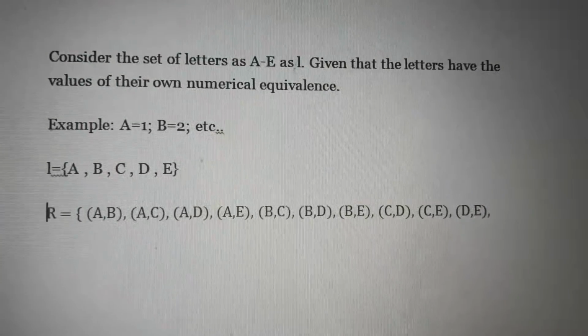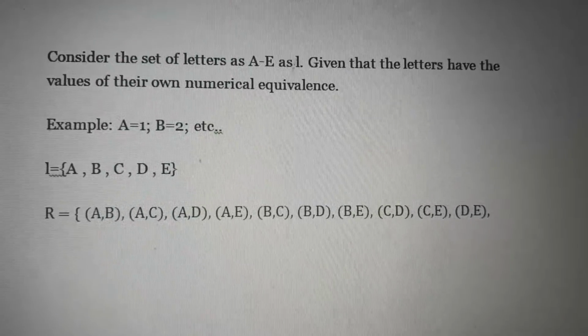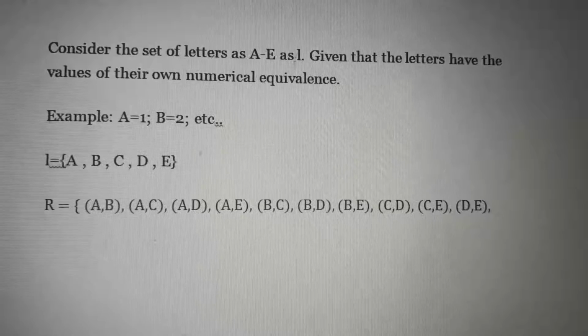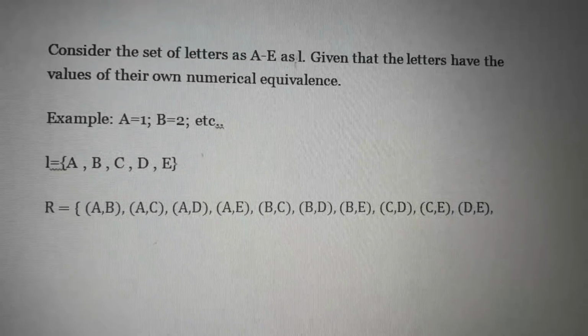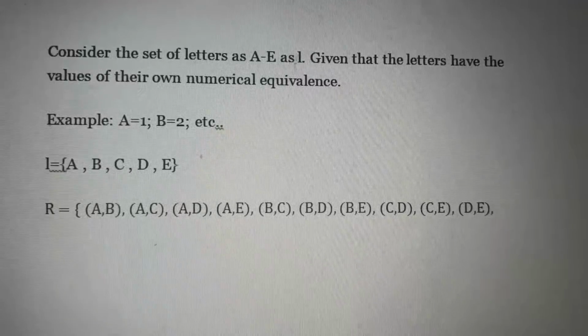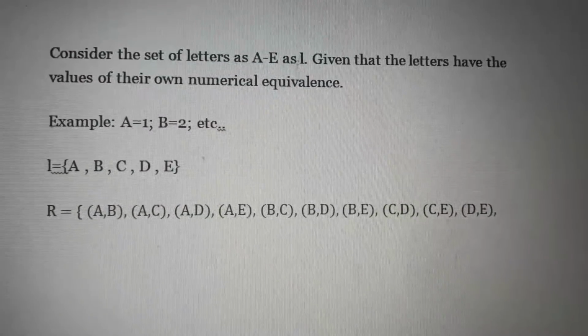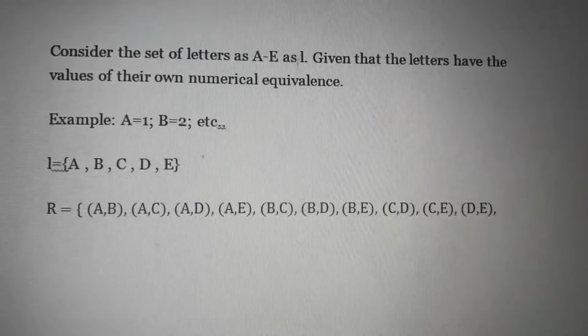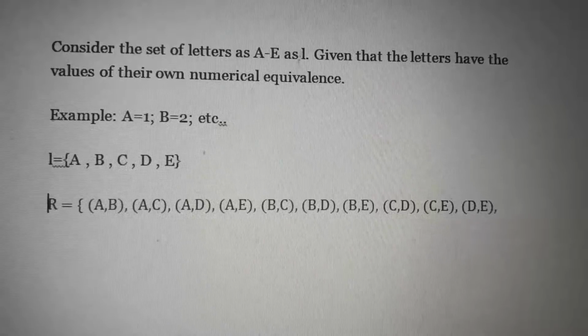So our L consists of A, B, C, D, and E. If we use the rule x is less than 2y, it is also the same as the reflexive, but it removes the AA, BB, CC, DD, and EE.